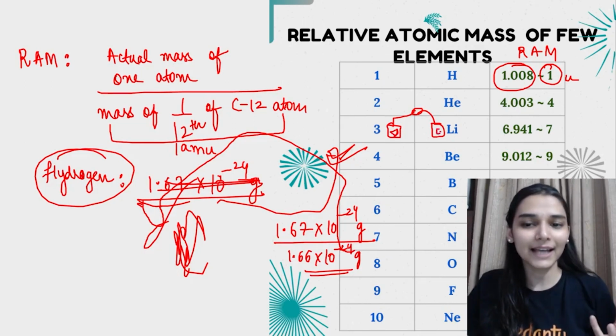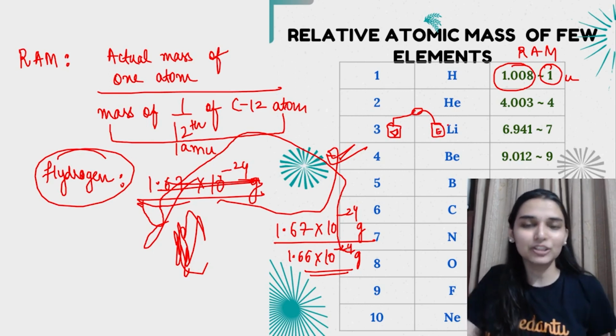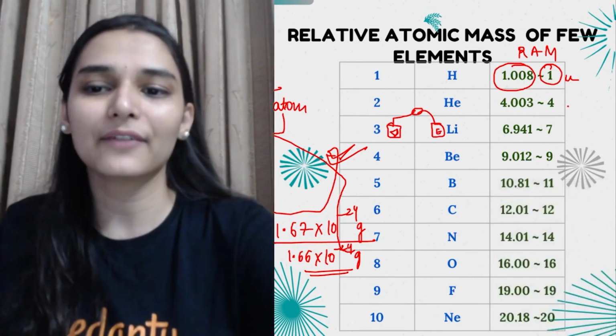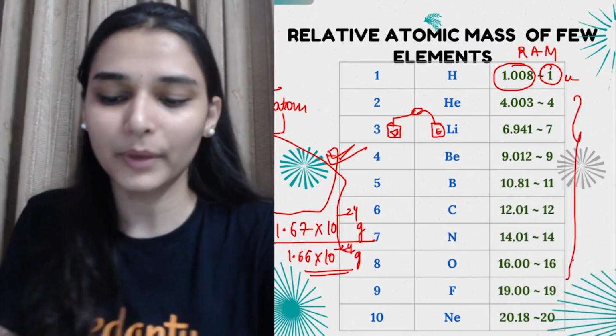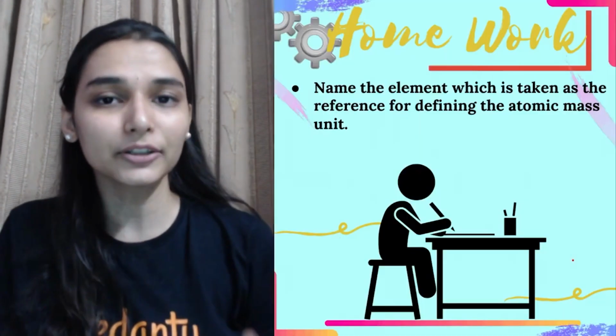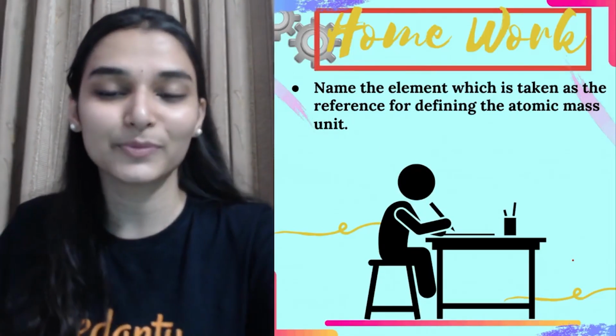On the other hand, I have kept my element whose mass I have to calculate, and I'm just comparing both of them. Okay, so now you have all these masses, so try to remember the masses for the first 20 elements. If in case you didn't understand this part, then go back and watch it once again, so that things become clear.